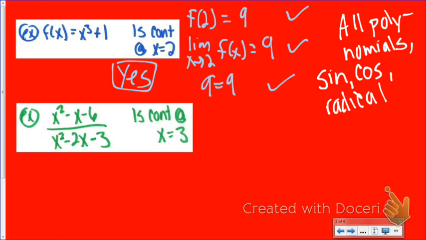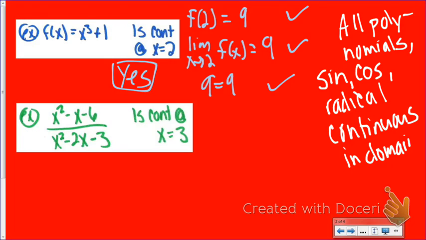All of those types of functions are going to be continuous everywhere in their domain. And the reason I'm saying their domain is if you think about the function y equals the square root of x, that function is continuous everywhere. However, we know that that function isn't going to have negative x values because it can't take negative square roots. So everywhere that function actually is, which starts at 0 and goes on, it's continuous from there on.